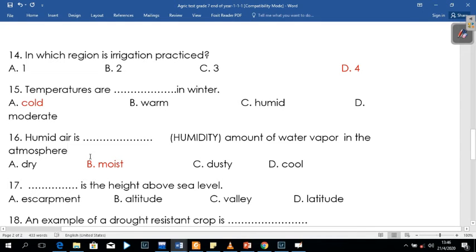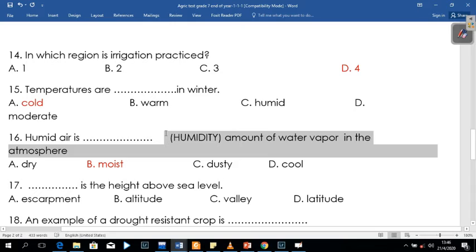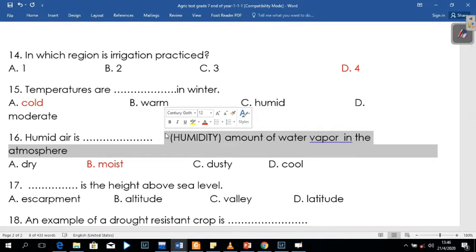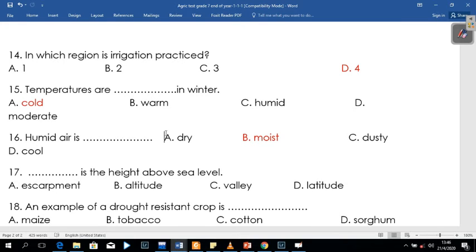That is humidity. How much water vapor is there in the atmosphere, right? So humid air is moist.